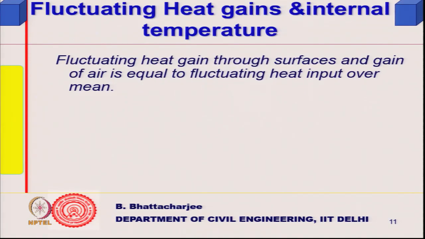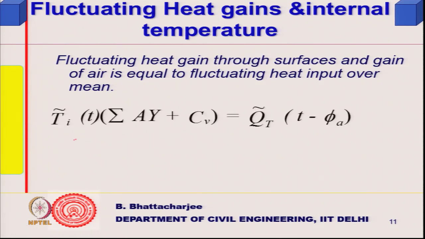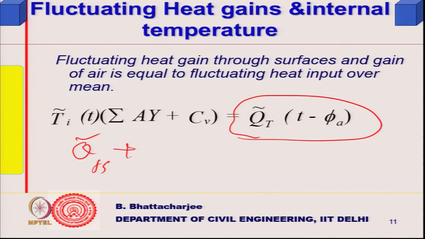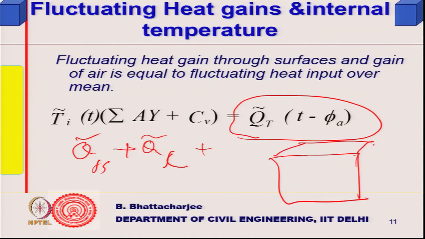So, fluctuating heat gain through surfaces and gain of air is equal to the fluctuating heat input over the mean. We have defined that already, but let me restate it. The total fluctuating heat that comes in through all the surfaces is Q fluctuating Fs plus Q fluctuating C, and so on, all of those fluctuating heat components.